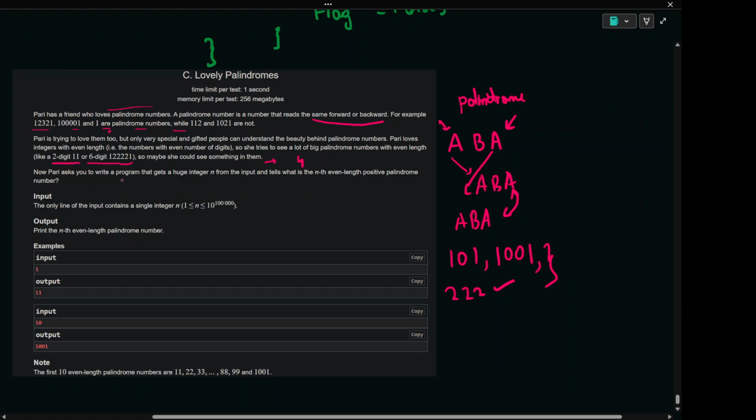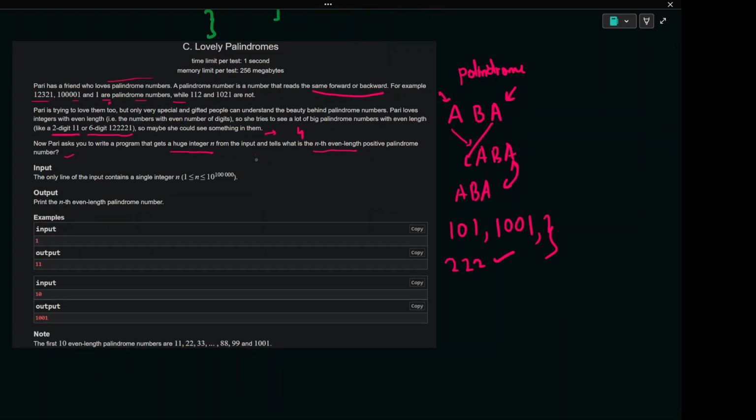Now, Pari asks you to write a program that gets a huge number n from the input and tells what the nth even length positive palindrome number is. It is simply asking: Pari gives us some value n, and we have to find that value's palindrome number.